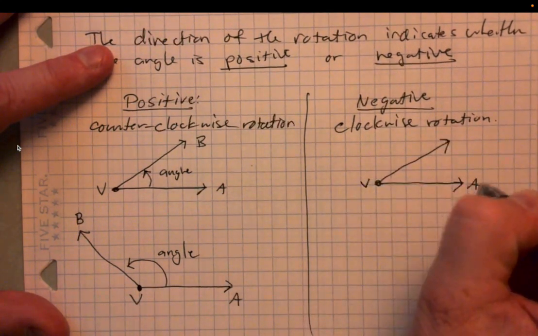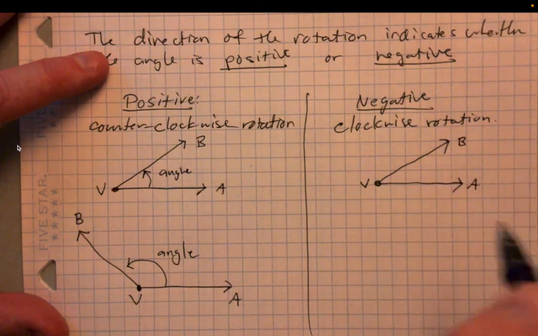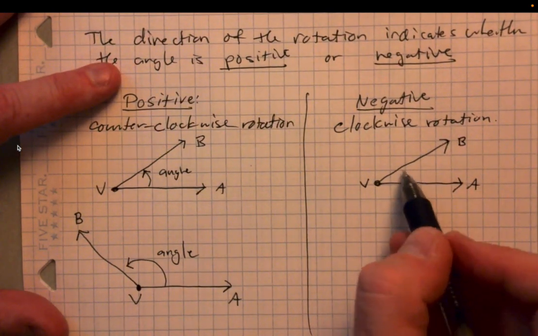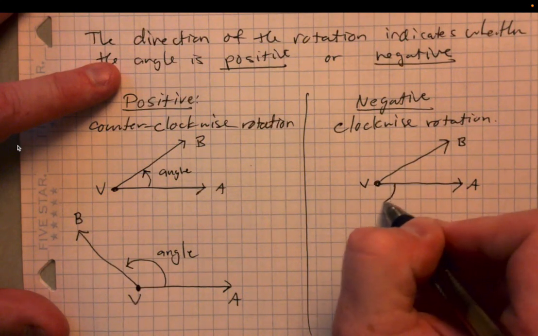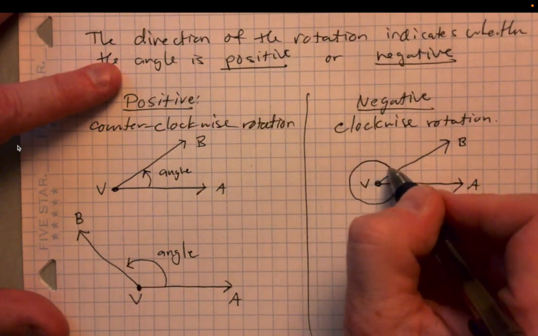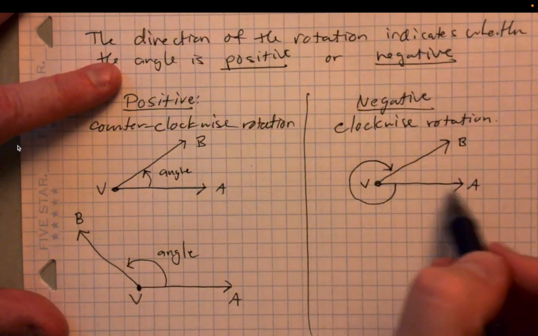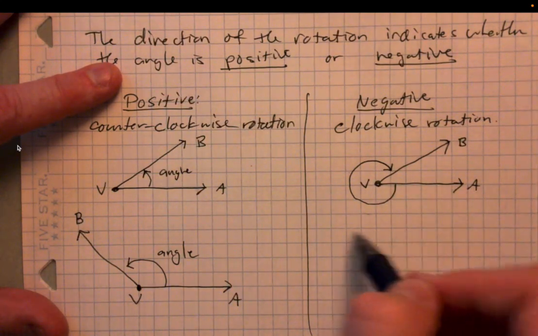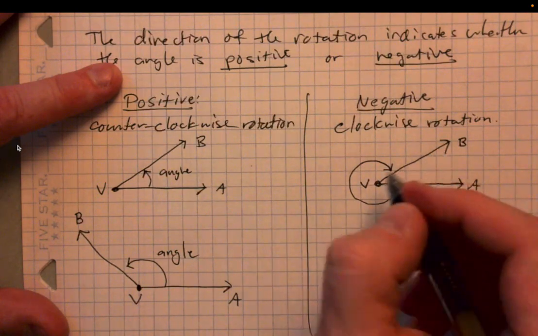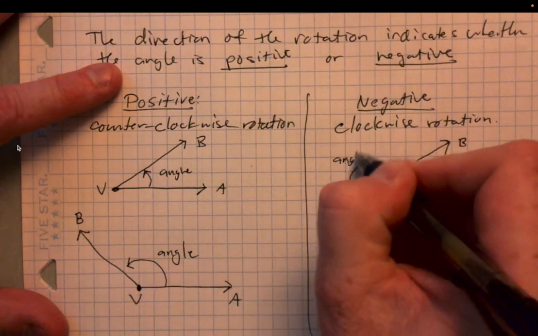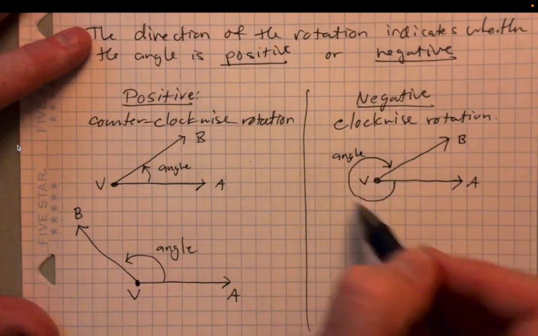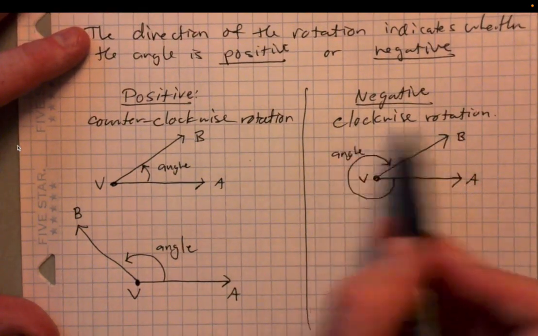There's my V, there's ray A and ray B. Now let's say instead of rotating from A to B counterclockwise, the rotation goes the other direction. To get from A to B, you would have to start at A and rotate all the way around like this. And so this would be your angle here. This is an example of a negative angle because the rotation is clockwise.